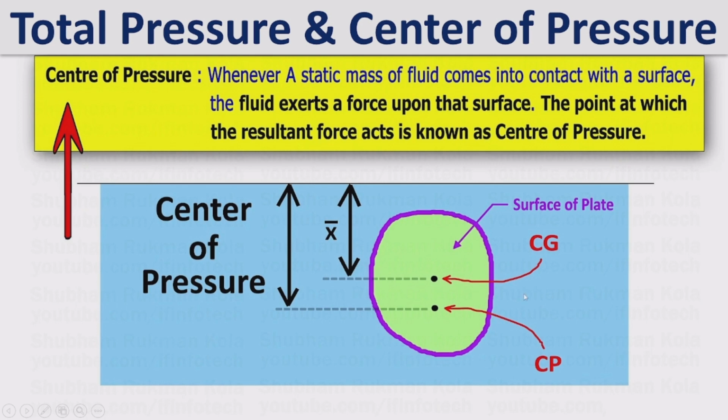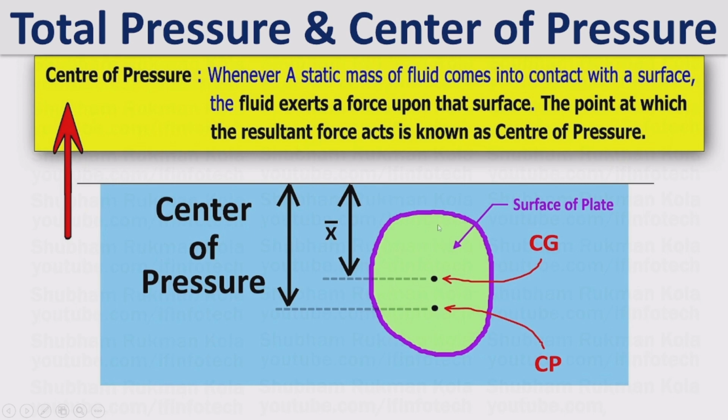Here, on an arbitrarily chosen surface, the resultant force acts at this point, and that resultant force we call the total pressure.